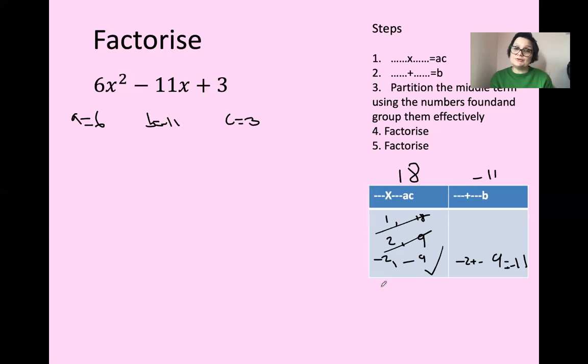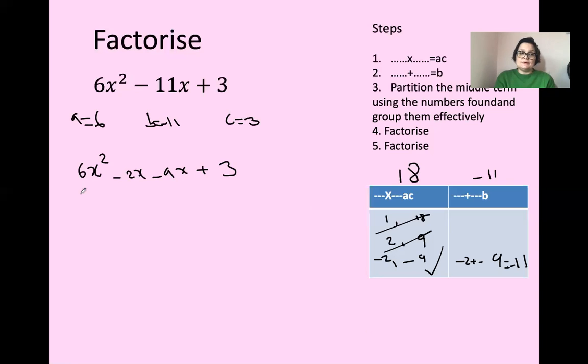Now, I'm going to use these factors to split minus 11x, the middle term. This is what the expression is going to look like. 6x to the power of 2, now I have minus 2, so minus 2x minus 9x, okay, plus 3. It doesn't matter what order.